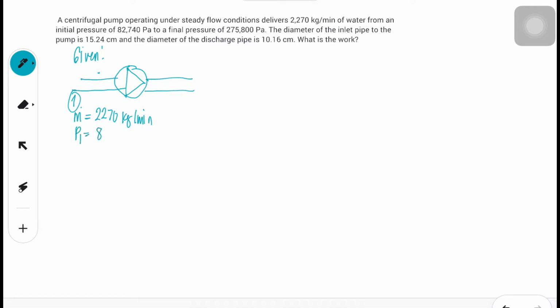Initial pressure is 8274 kilopascal, or we can just use the pascal, 740 pascal. And the final pressure is 275 800 pascal. Diameter of the inlet is 24 centimeter. Diameter of the outlet is 10.